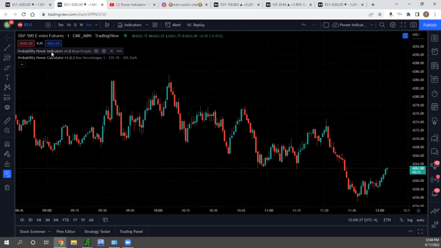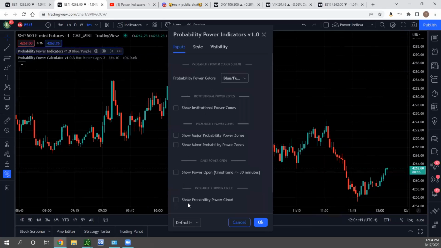If you click the gear for the probability power indicators, that will give you all these different options. You can select and deselect any of the indicators that you want to see or don't want to see. So at the bottom here, we have the probability power cloud. I'm going to go ahead and check that to turn that on.